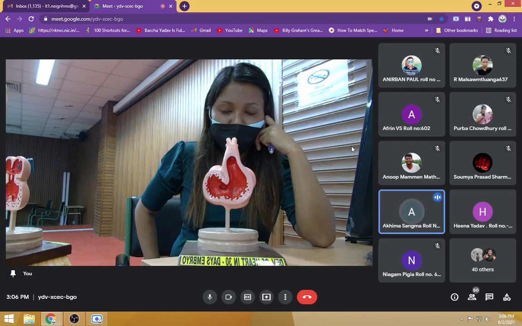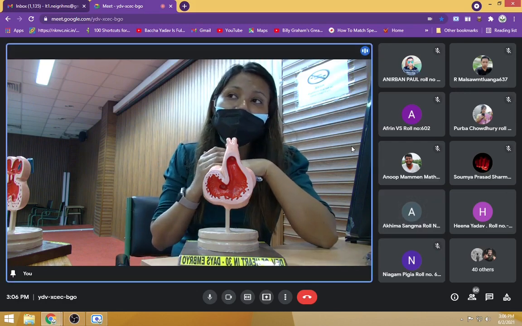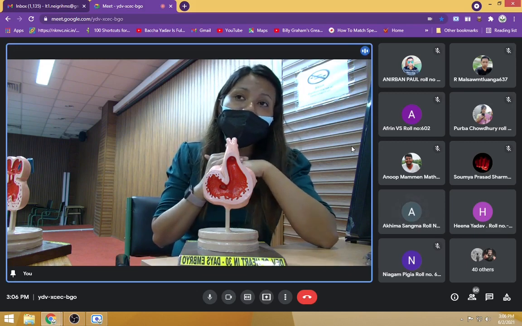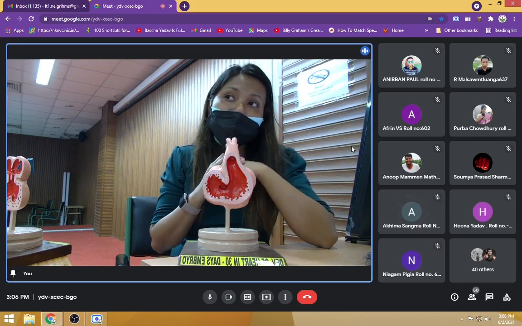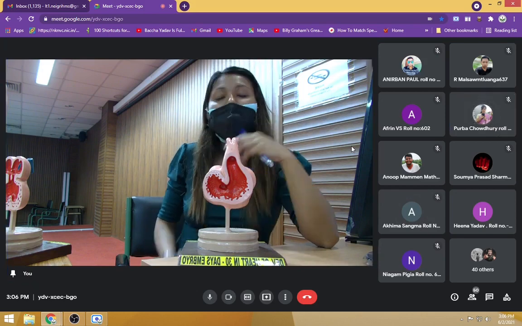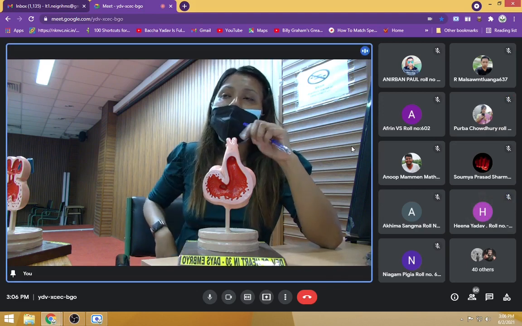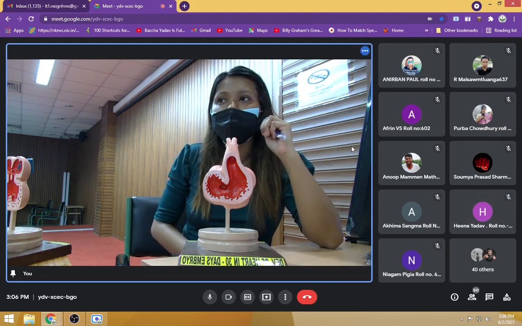Normally the pulmonary artery opens in the right ventricle, but in transposition the pulmonary artery will open in the left ventricle. It will be the opposite of the normal. So any problem in the spiral septum will lead to transposition of great vessels.